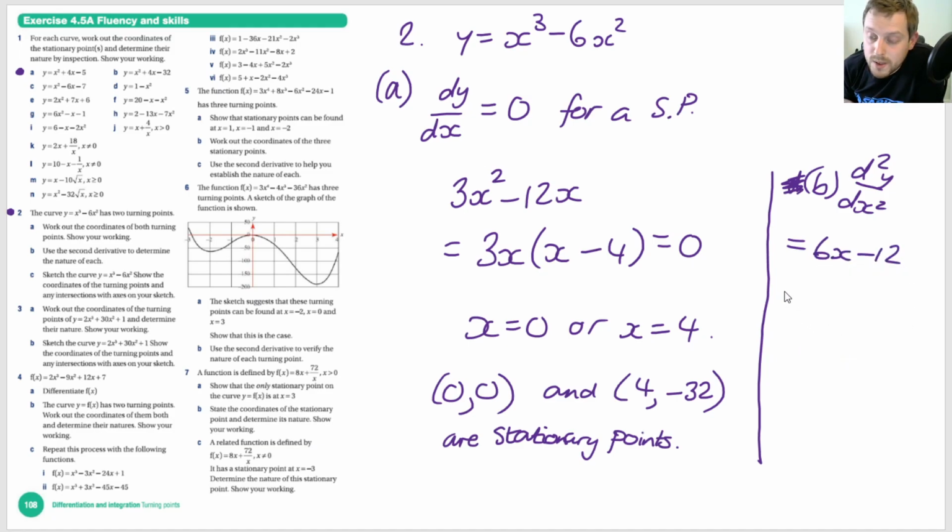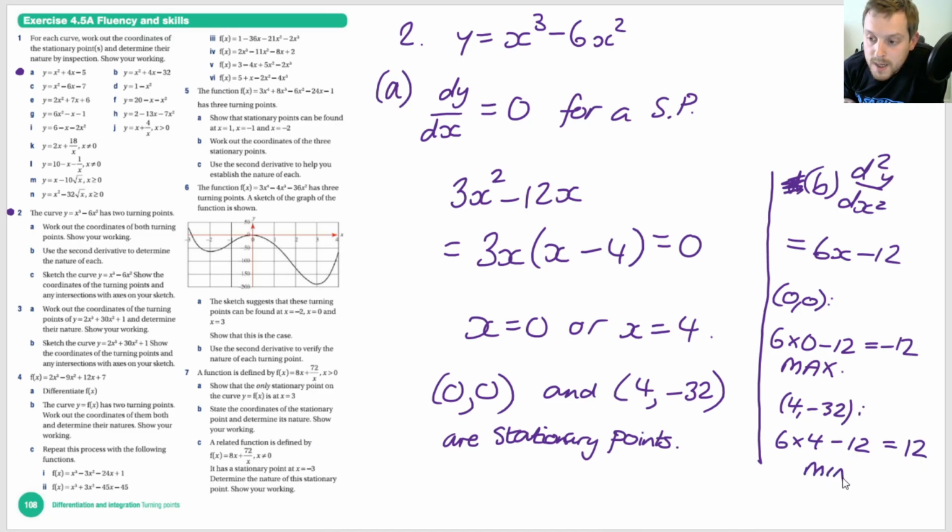So I'm going to do, for the first one, so this is for 0, 0, I have 6 times 0 take away 12, which is minus 12, is a maximum because it's negative. And for 4, minus 32, I have 6 times 4, take away 12. 6 4s is 24, take off 12 is 12. So that's a minimum because it's positive.